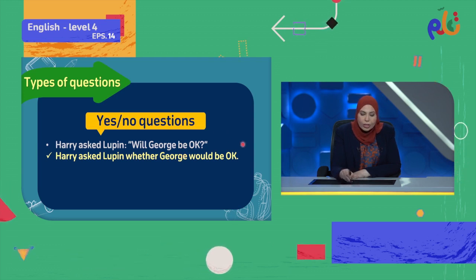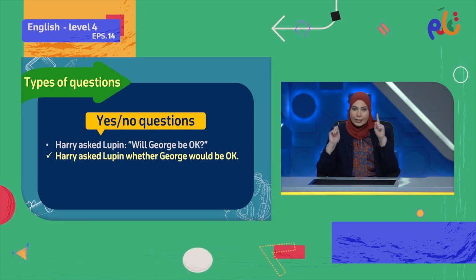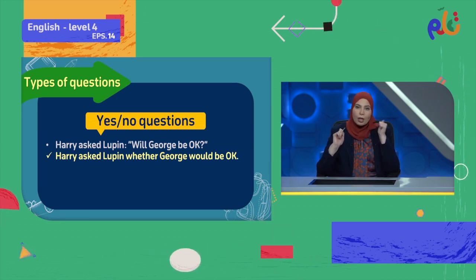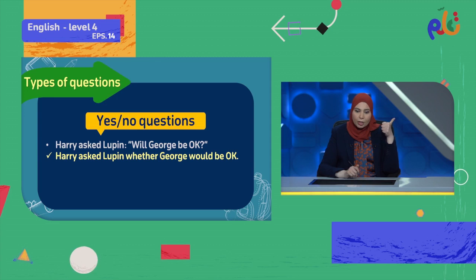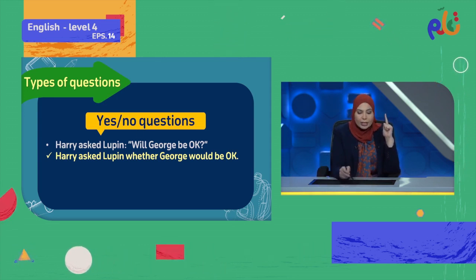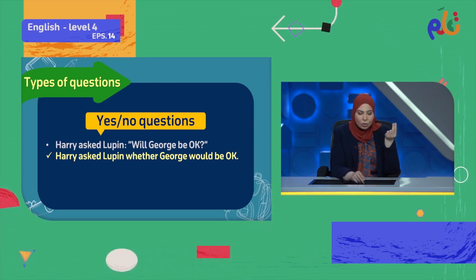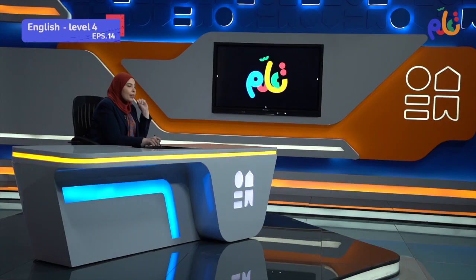Let's see how many changes we've done. Number 1, we removed the quotations. Number 2, we changed the tense. Number 3, we added whether. Number 4, we cancelled the question mark and we switched it into a normal statement with a full stop.